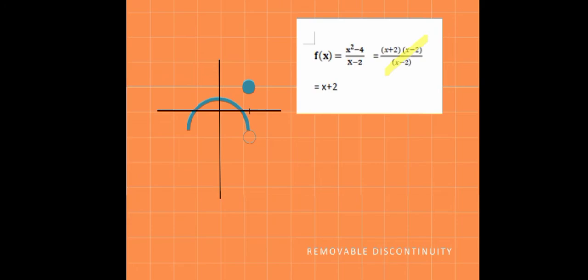As we all know, x plus 2 is a line, and a line is always continuous. So what we did was convert a discontinuity to a continuity. And when a discontinuity can be converted to a continuity, it is a removable discontinuity, because we removed the discontinuity and replaced it with a continuity.